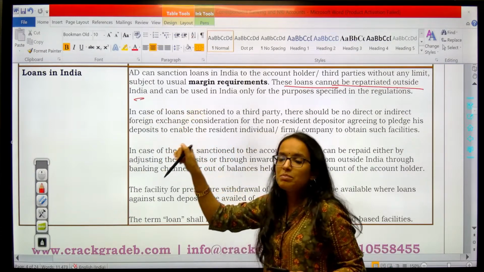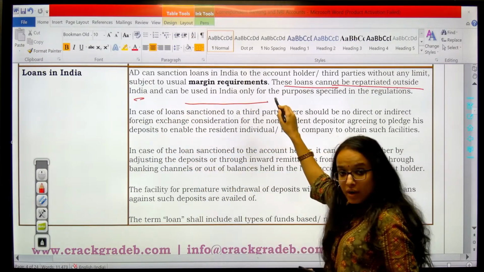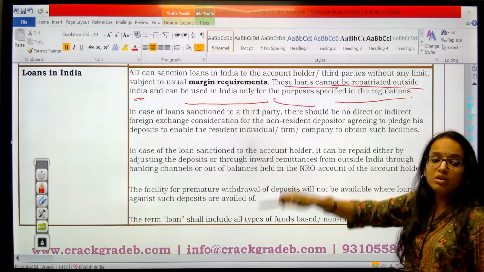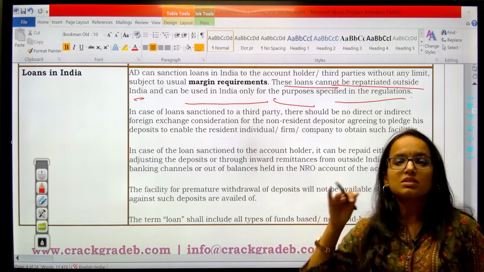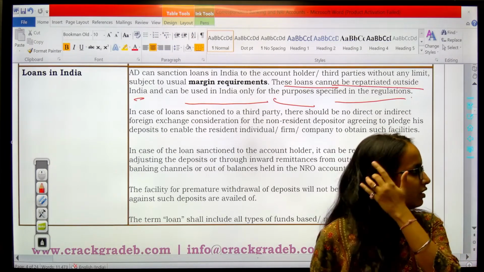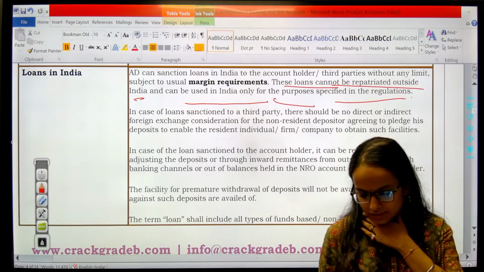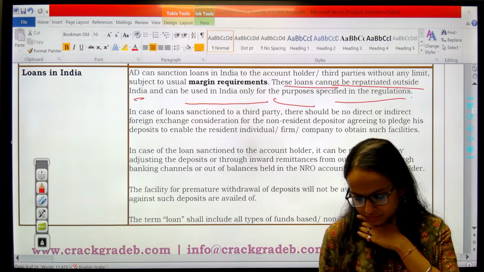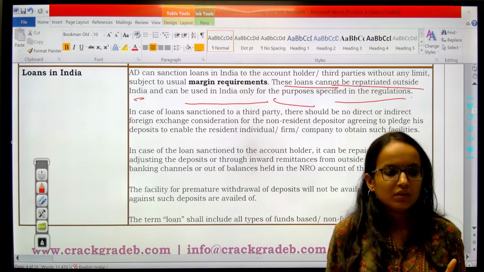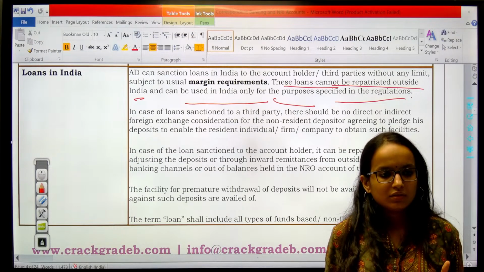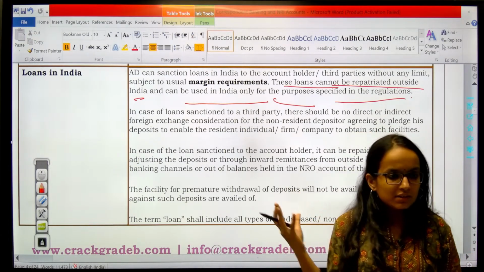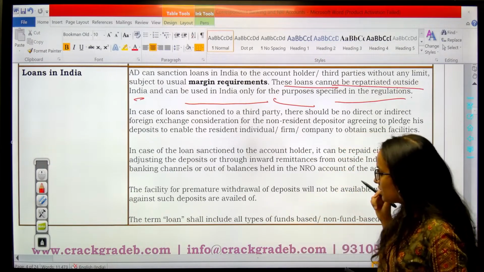They can only be used in India for the purposes specifically mentioned in your regulations. Is it clear? Are you able to understand these things?